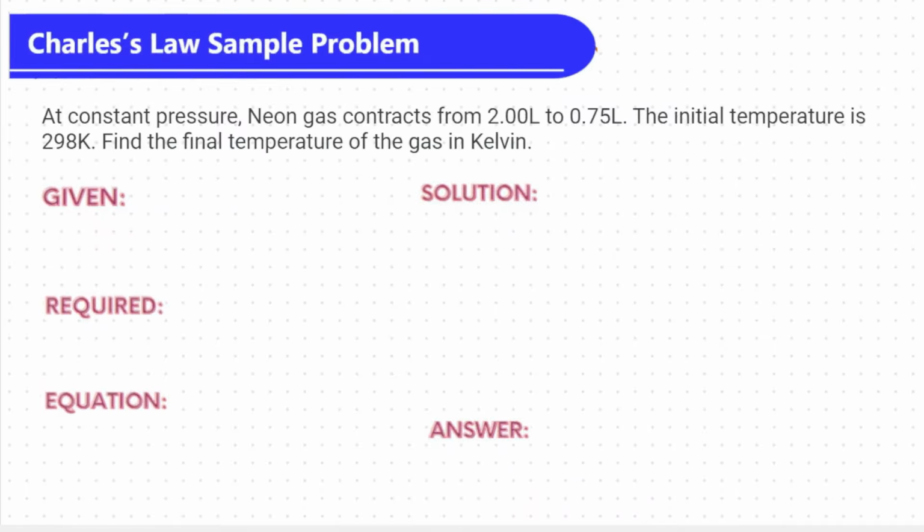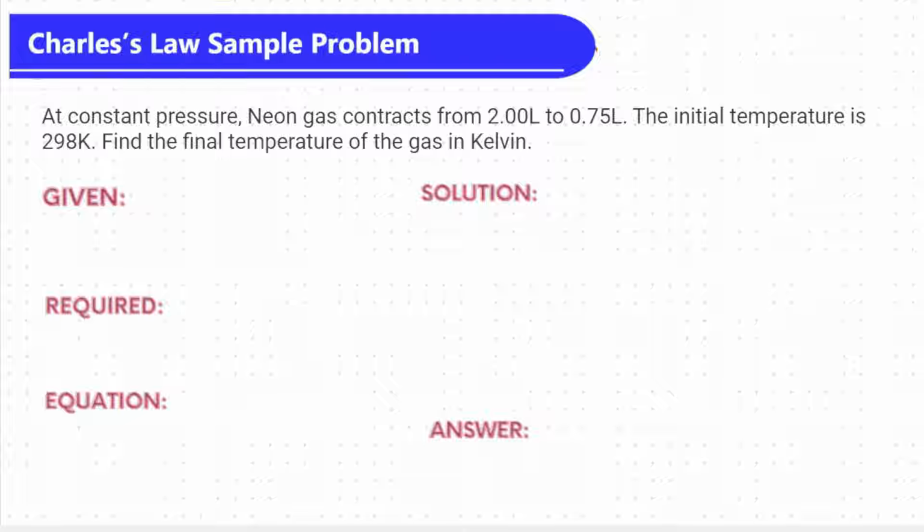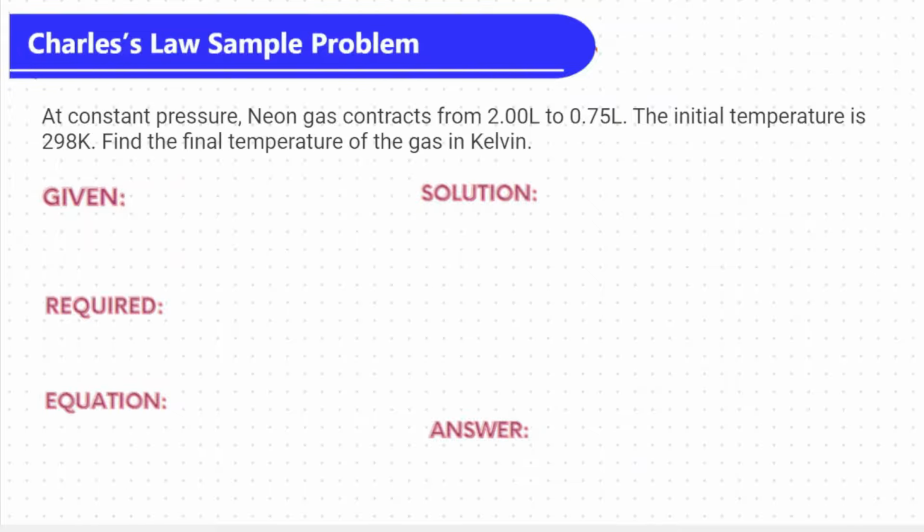So according to the law, your volume and temperature will be directly proportional provided that the pressure is constant. However, it is very important that your temperature must be expressed in the correct units. Otherwise, you will not arrive at the correct answer.